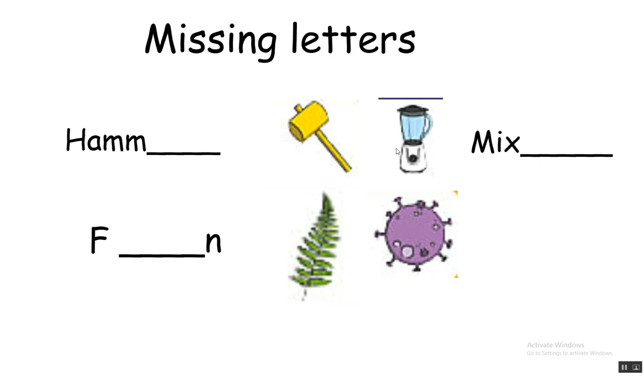Okay, what's the missing letters? Hammer. ER is at the end of the word. ER, hammer. As in fern. Two syllables. Mixer. Germ. So it's ER as in those ones.